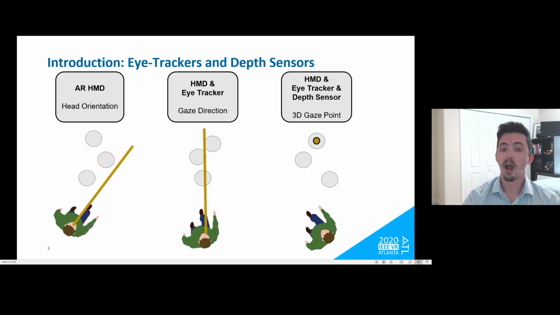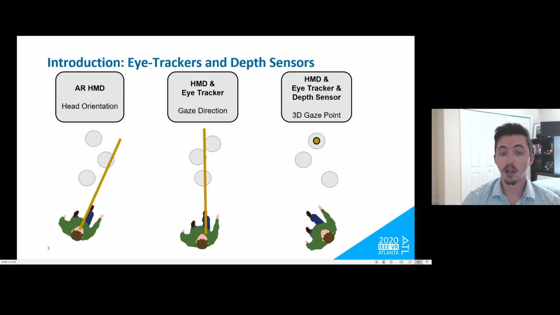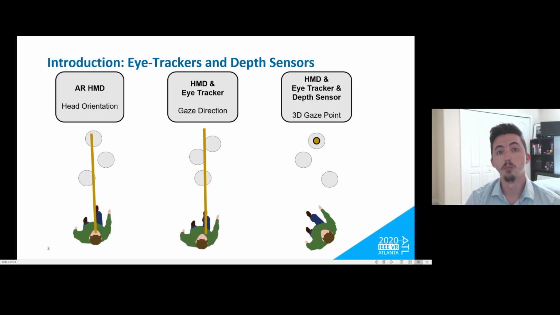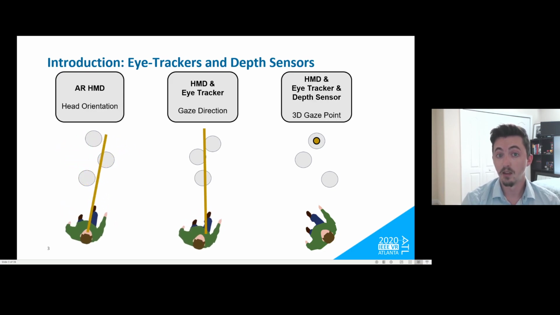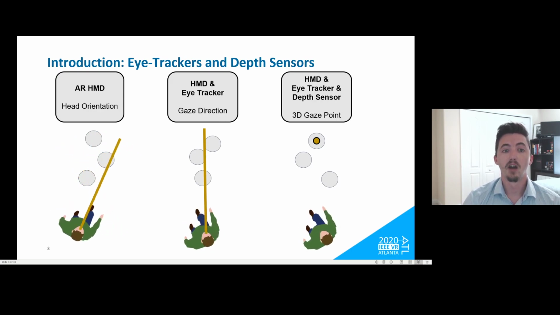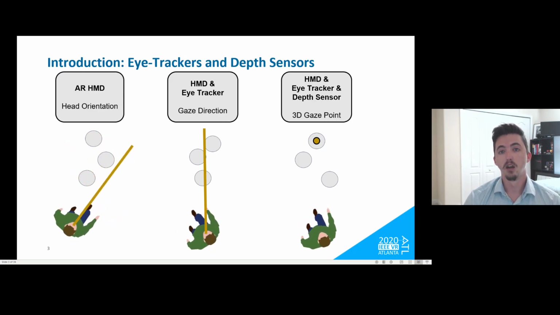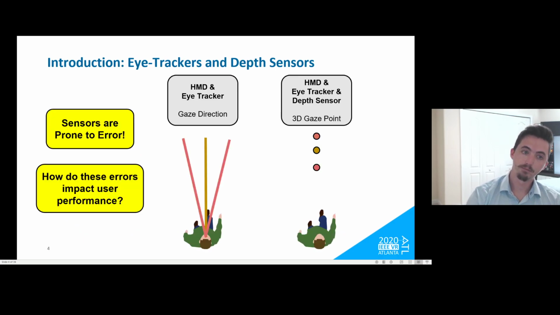However, once we add an eye tracker into the equation, we have a general direction of where they're looking, although we may not know which 3D point along that direction they are looking at. But once we add that depth sensor into the mix, we can finally conclude the specific 3D point that our collaborators are looking at.